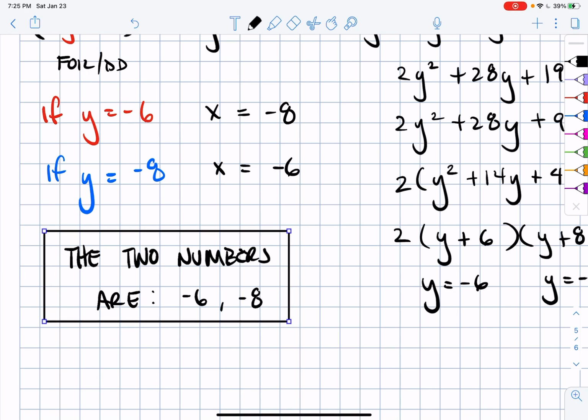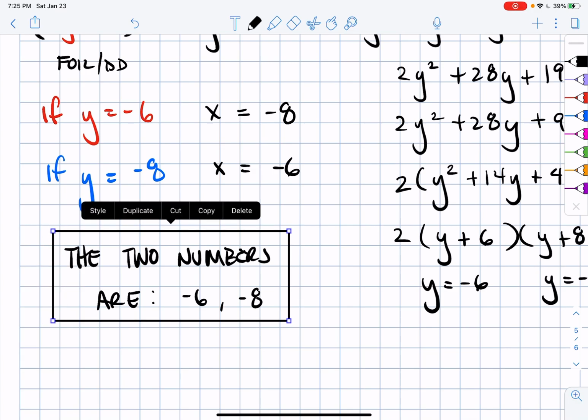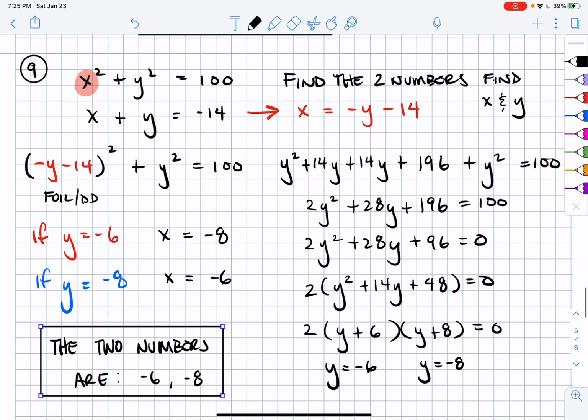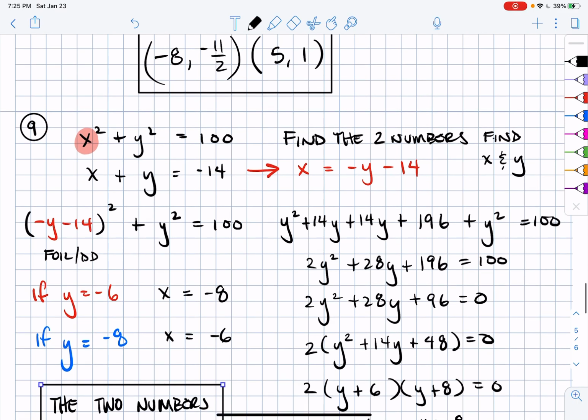Because I'm literally answering the question, right? It doesn't ask me necessarily for the x, for the y. It just asks me for the two numbers, right? So it's no particular order or specification, really, okay?